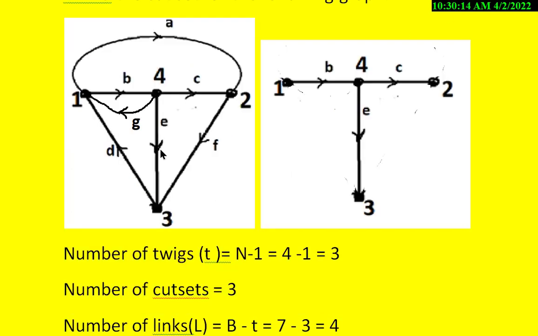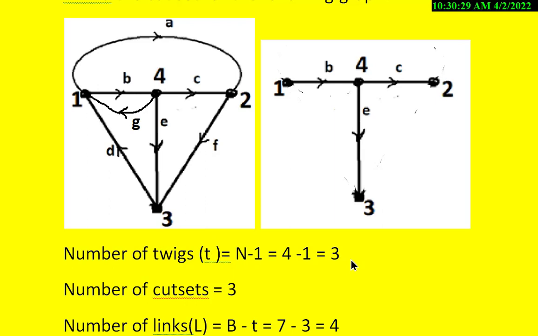Look at this. This is one branch, this is one branch, this is another branch. There are three twigs. For this oriented graph, one of the trees we can draw is like this, and the number of twigs that we get is 3.